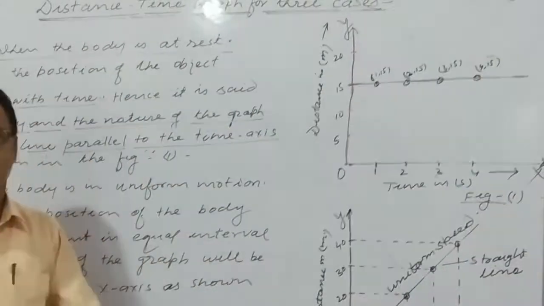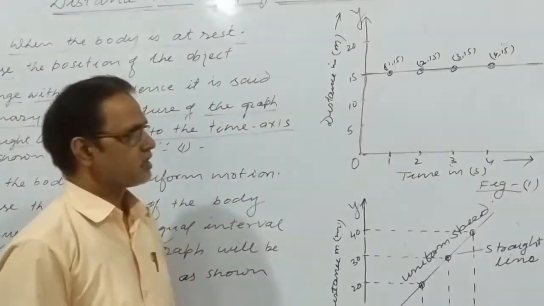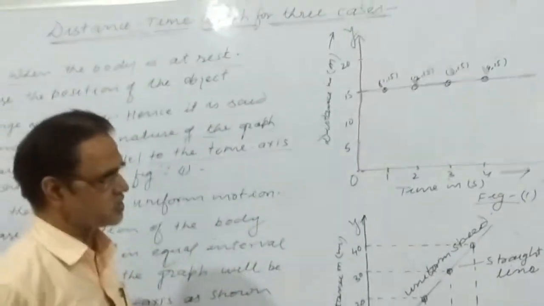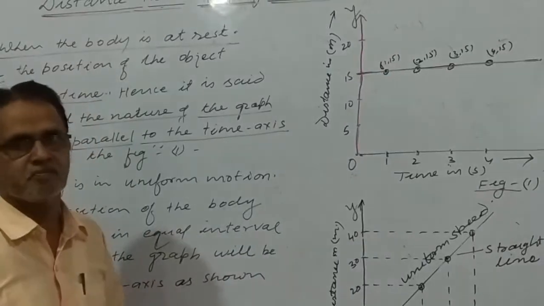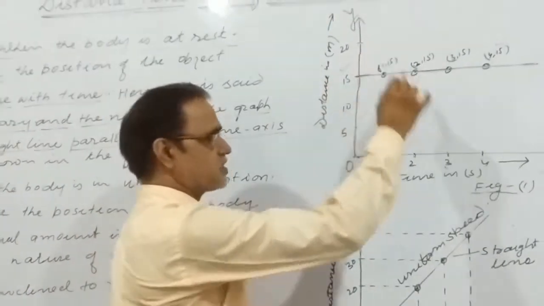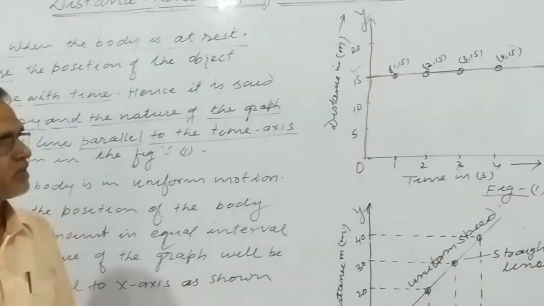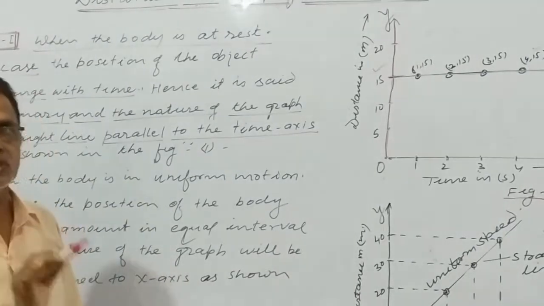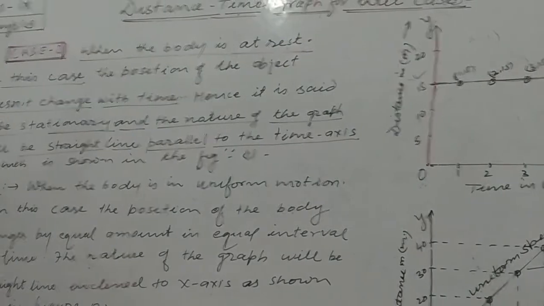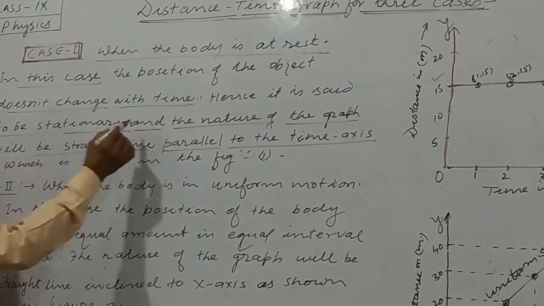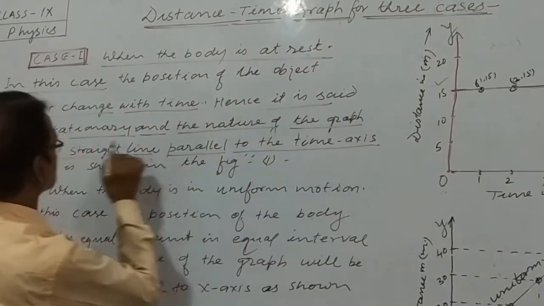So you are seeing in this graph that as the time increases, the distance remains the same. The distance क्या है? Same है. In this way the distance does not change. Distance change नहीं हो रहा. Understanding? And the body is said to be stationary.